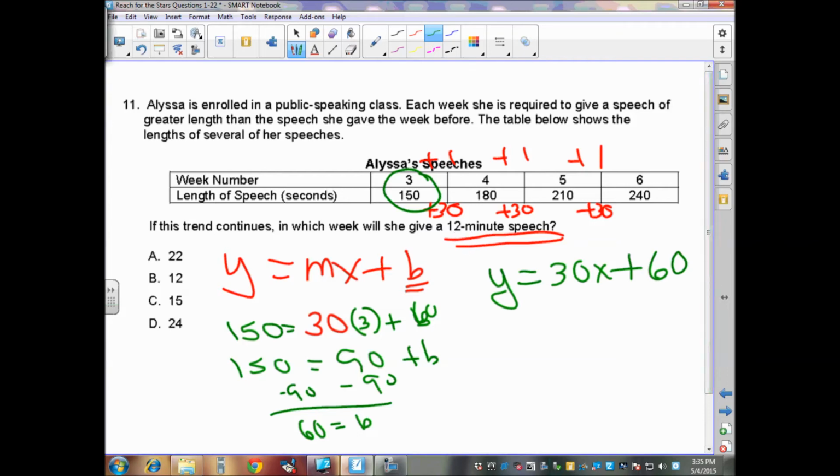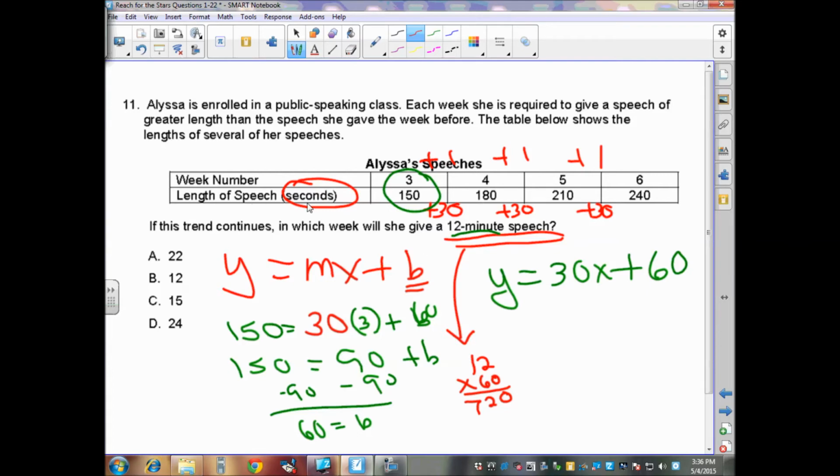We want to know when she will have to give a 12-minute speech. There's a catch here because the time is in seconds. Before we find the answer, we need to change 12 minutes into seconds, so we multiply by 60. A 12-minute speech is 720 seconds long.